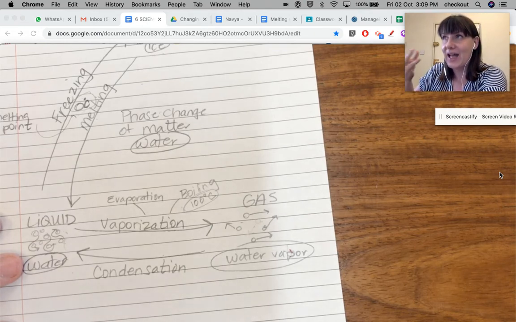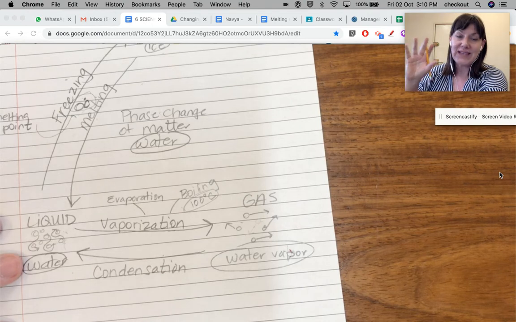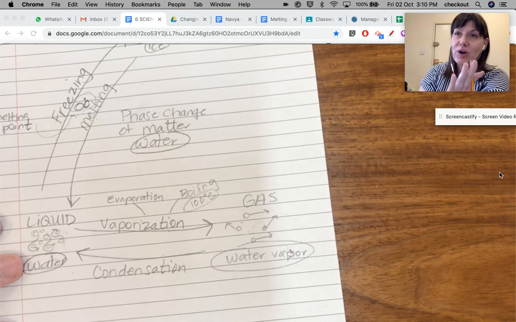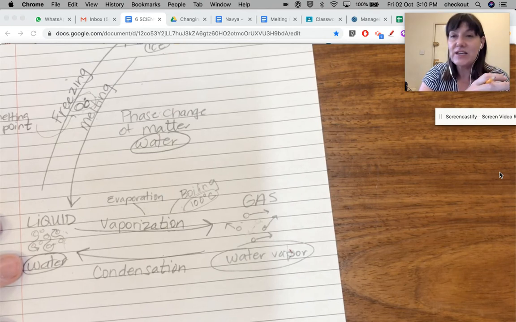Water vapor is actually in the air that we're breathing, along with nitrogen, carbon dioxide, oxygen. And so whenever that water vapor, that's a gas, hits that very cold can, it loses thermal energy, and that water vapor gas turns into water droplets on the can. So that's condensation on your can.